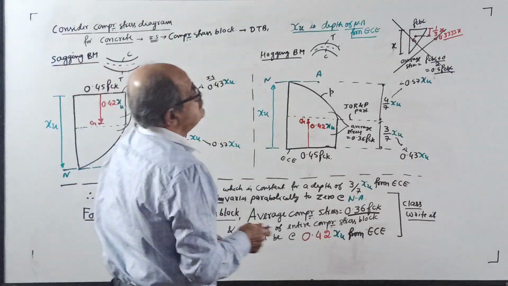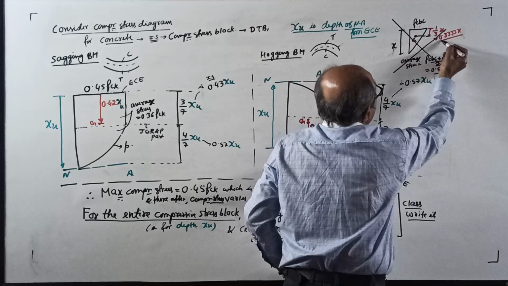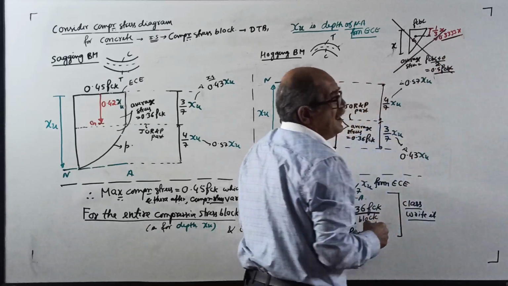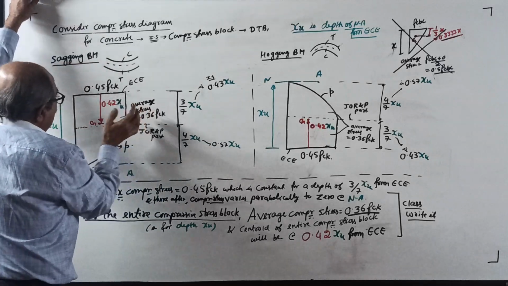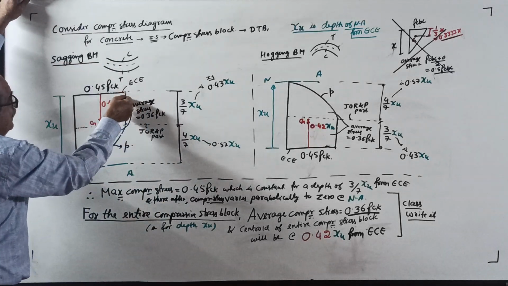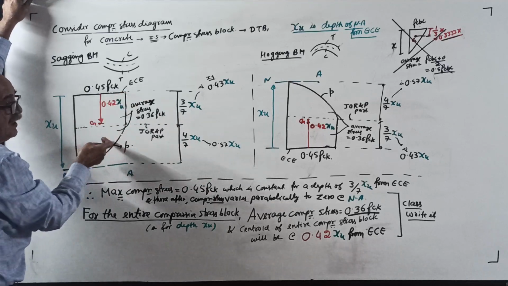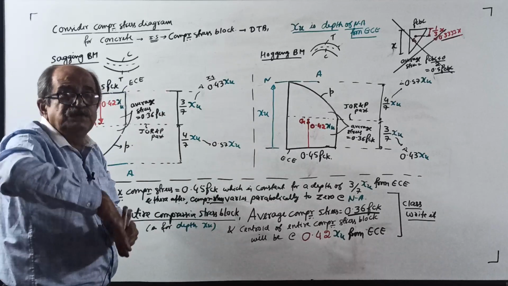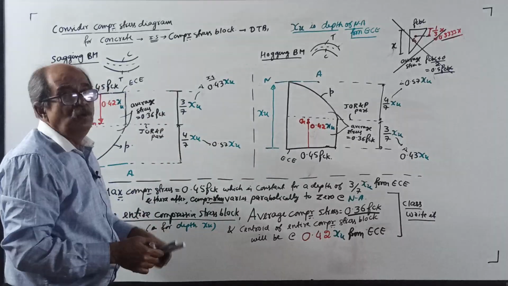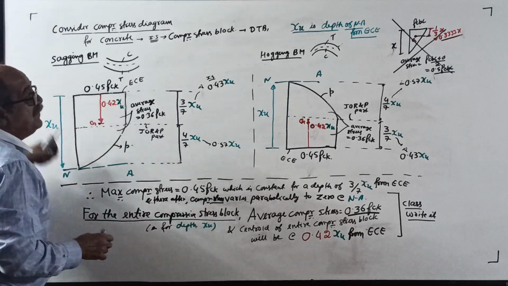Second concept. If it is linear variation, 1/3, or in decimal format 0.33333. Here, it is not 0.333 because why? You can see here, it is 0.3333 of XU if it is linear, but a little more area is there. So CG will slightly shift towards the neutral axis side compared to the working stress method. So CG is here, see, red color. Make a note here.